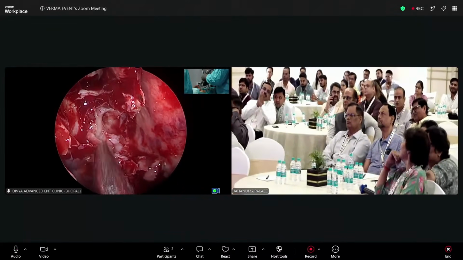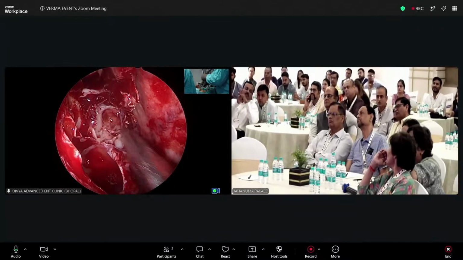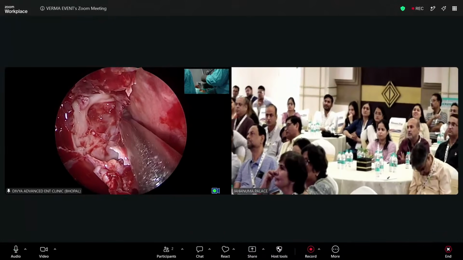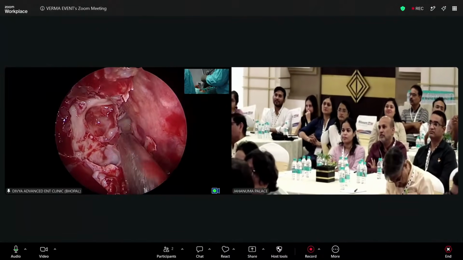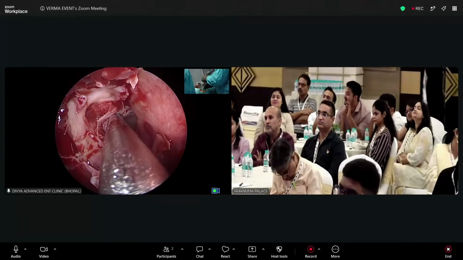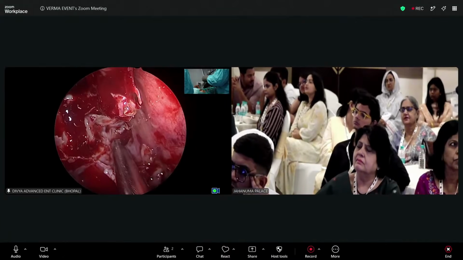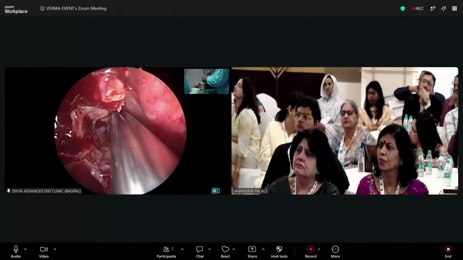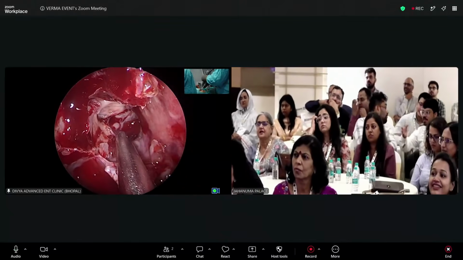This is ethmoids, anterior ethmoids getting into posterior ethmoid. This is your superior turbinate. This is your sphenoid sinus. Sphenoid, widening of the sphenoid by this, under vision.